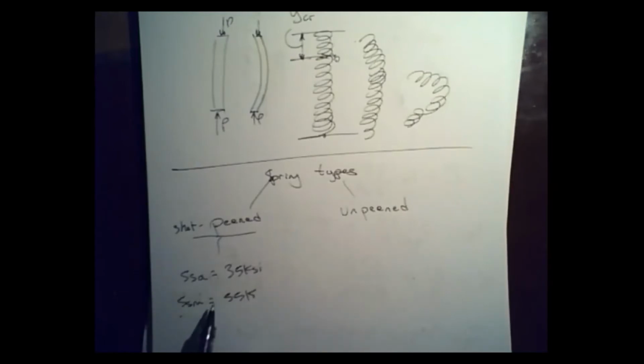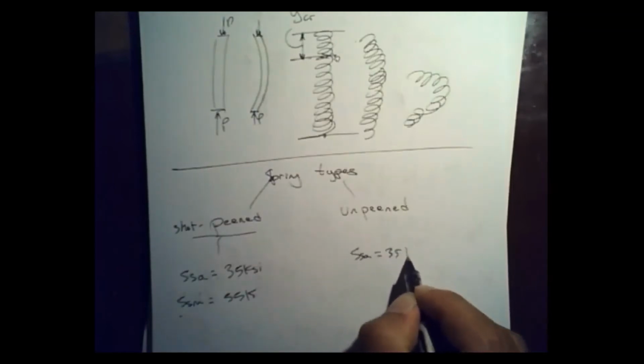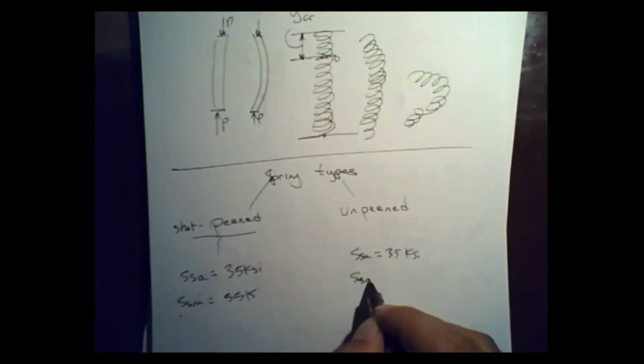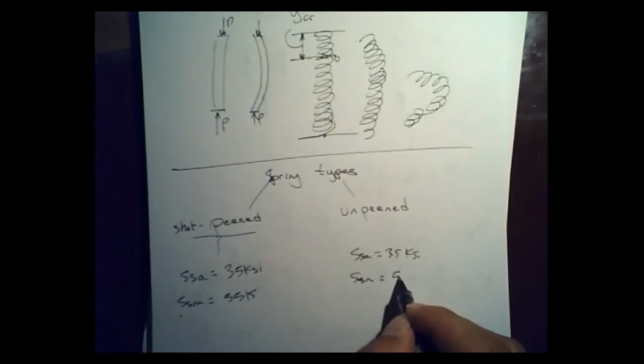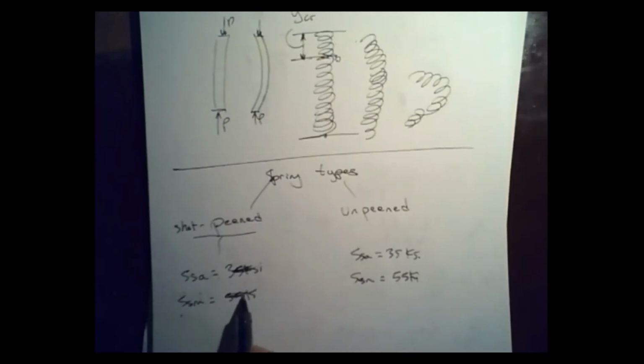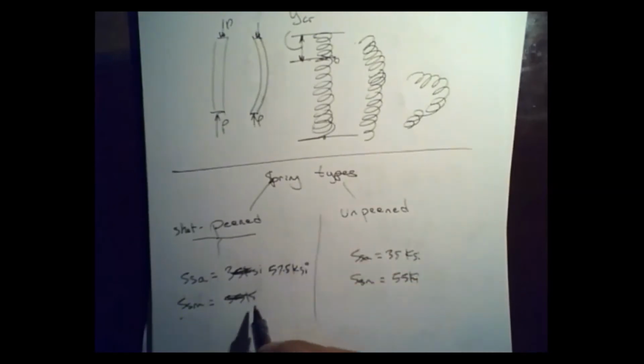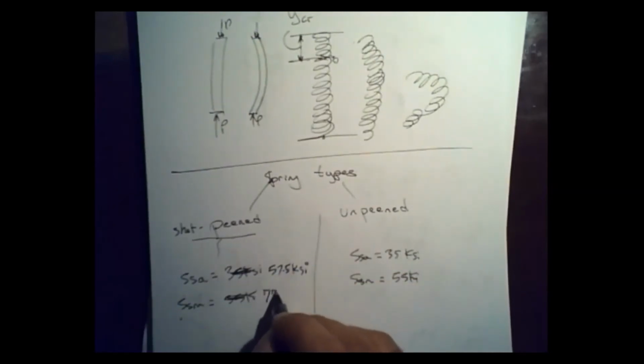Sorry, this is unpinned actually. This is for unpinned. And then SSM is equal to 55 KSI. And for shot pin, these are going to be greater than that. These are equal to 57.5 KSI here. And then if it's pinned, your maximum mean is going to be 77.5 KSI.